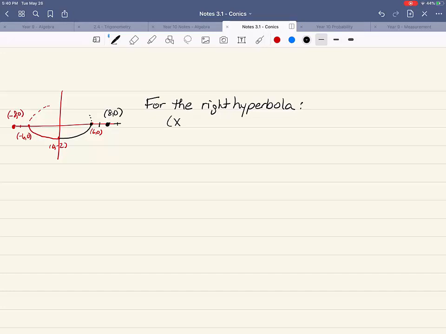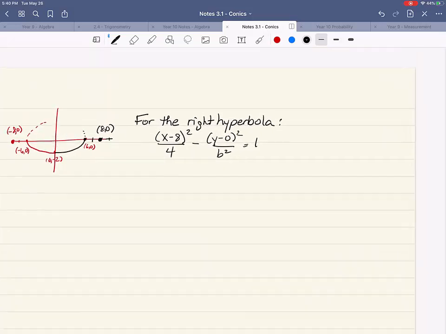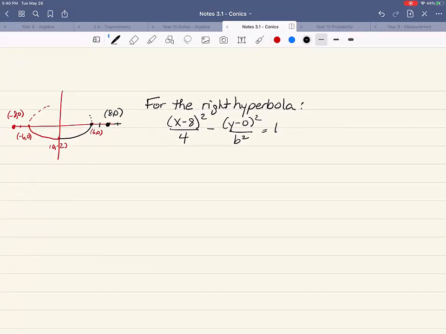Since it opens right and left also, it's going to be (x - 8) squared over 4, because a is still 2, minus (y - 0) squared over b squared equals 1. Now we're plugging in the point (0, -2) again. I want you to see what happens.